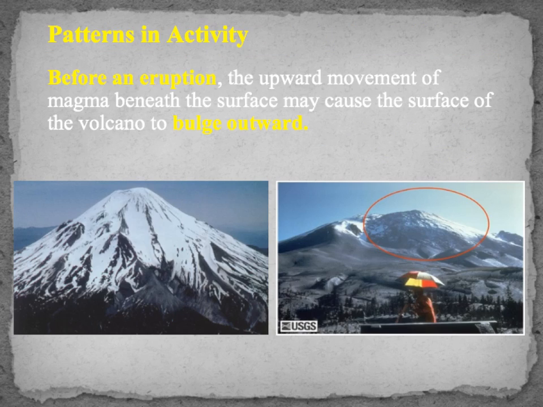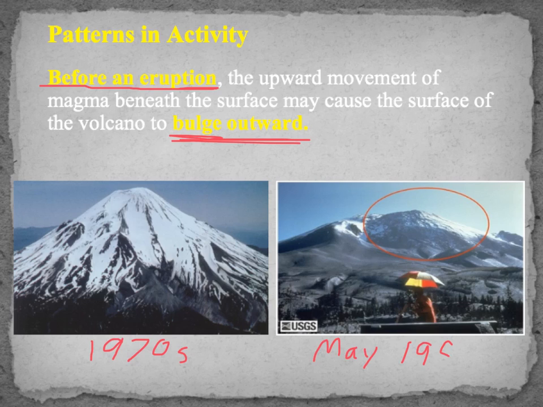Alright, another thing to see before an eruption is you might see this bulge. So here was Mount St. Helens in the 1970s, and this was May 1980. And what you can see is this big bulge.